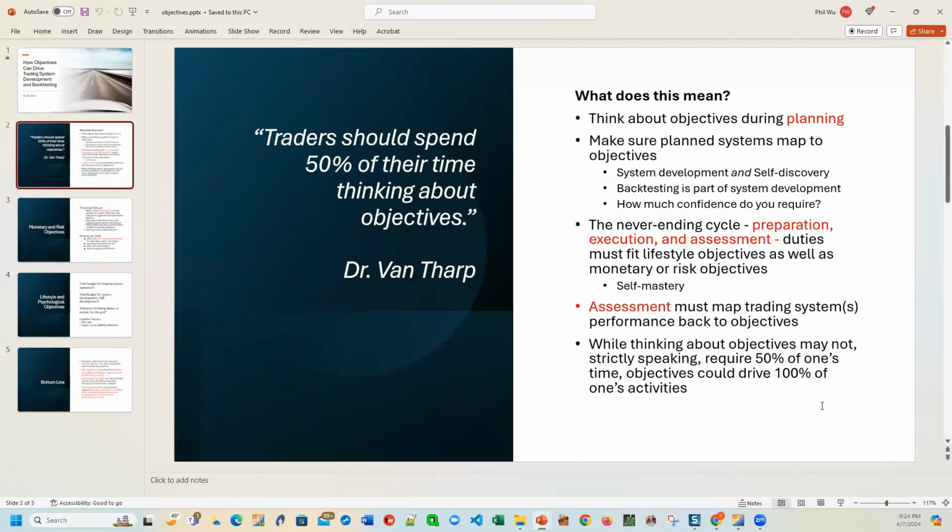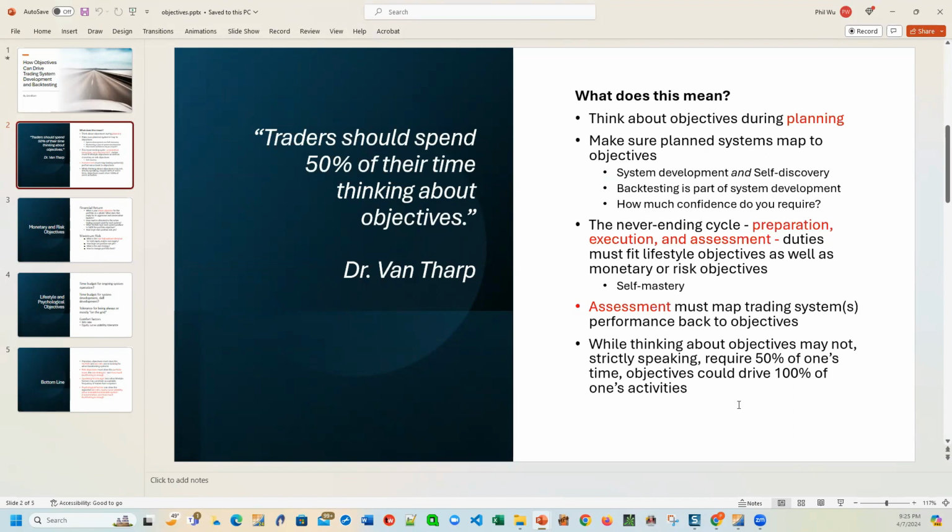You have to know what your objectives are. Van even said to stop trading until you got yourself under control. I never did that, but that's what he said.